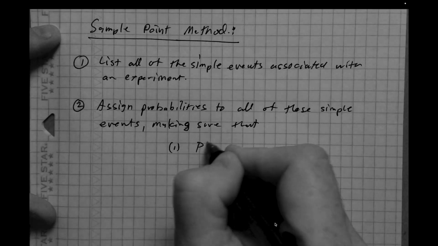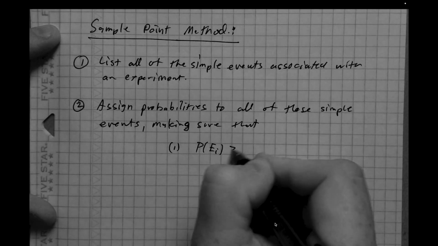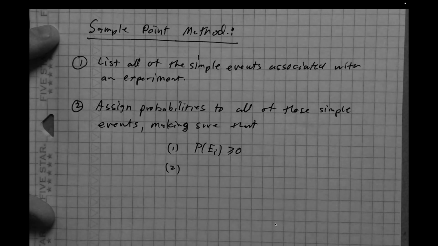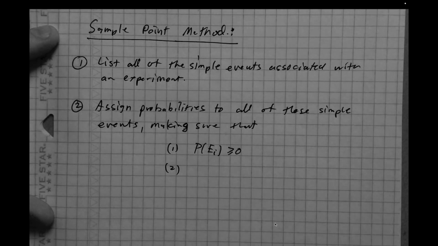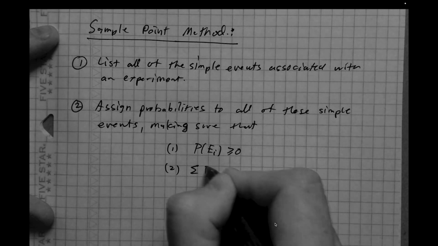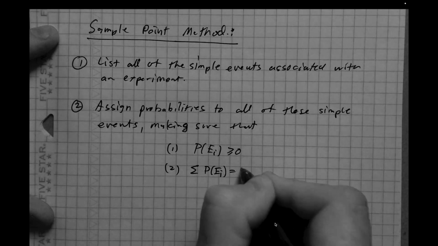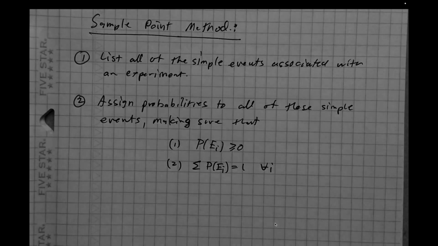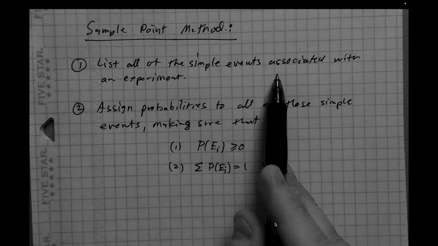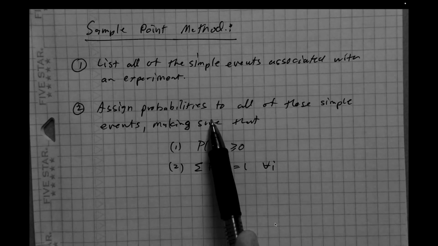Namely, the probability of a particular event is greater than or equal to 0, and the sum of the probabilities of the events in the sample space equals 1. As we sum across all of the simple events in the sample space, they need to equal 1. Okay, so we've listed all the simple events, and then we've assigned probabilities.